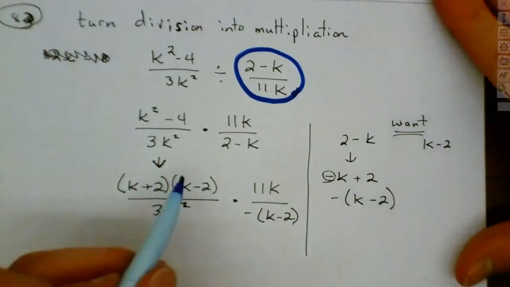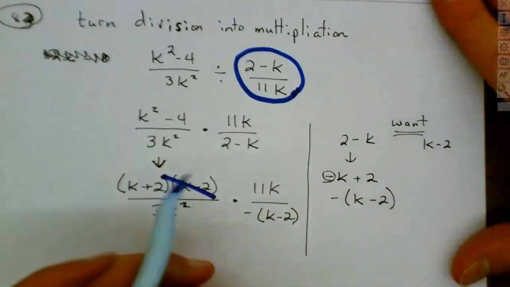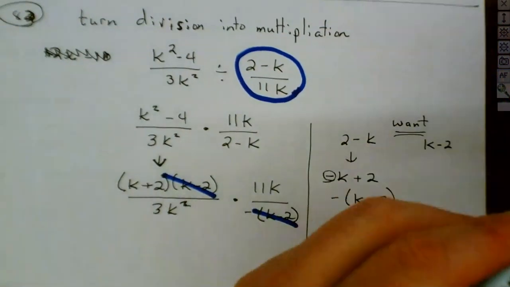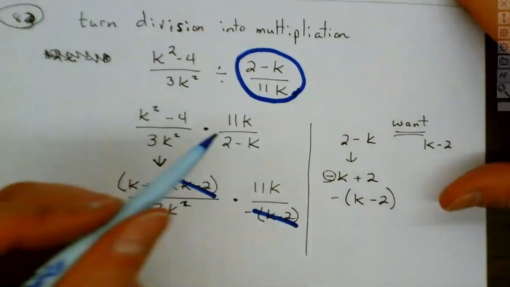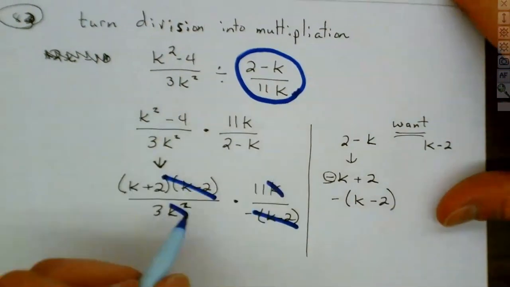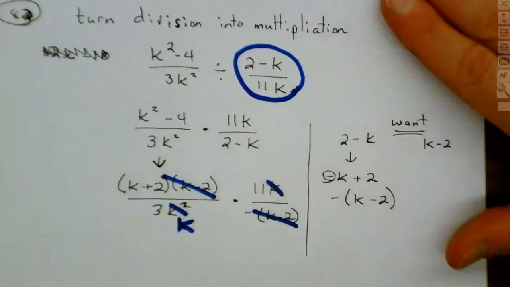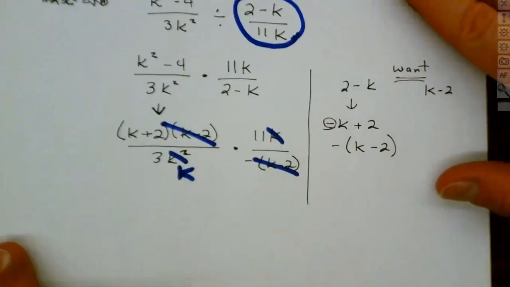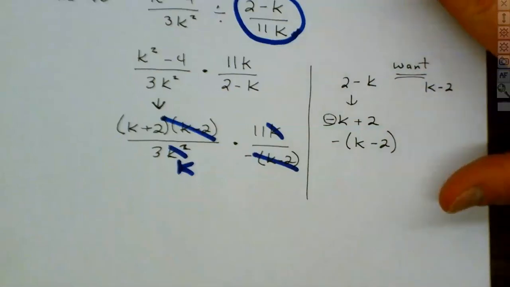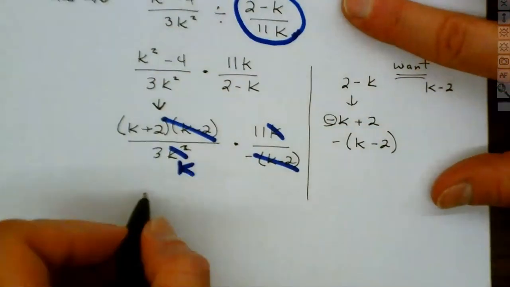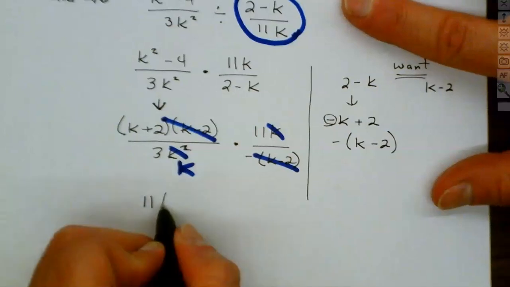So what's going to cancel out? k minus 2. k minus 2 is gone. What else can happen here? k and k squared, that leaves you with a k. So let's write out what we have left, and then we'll deal with what's left over. What's left over on the top is an 11.